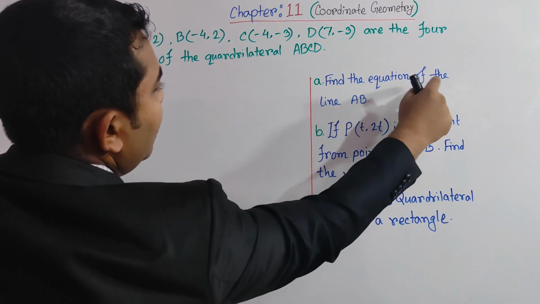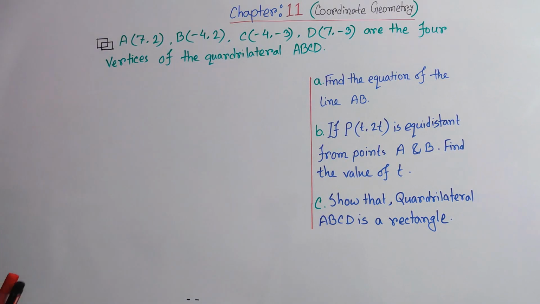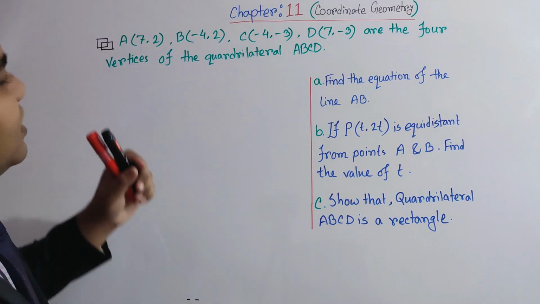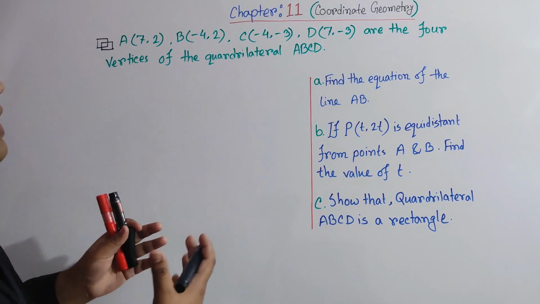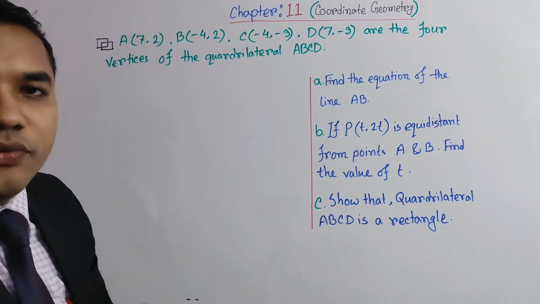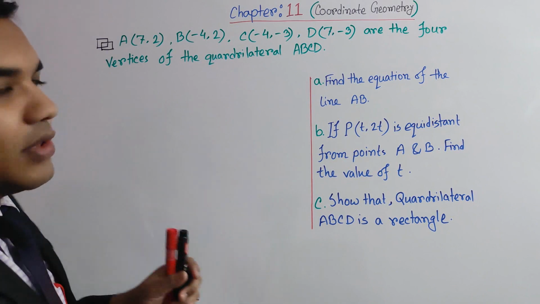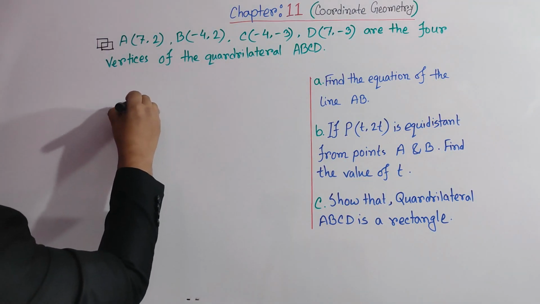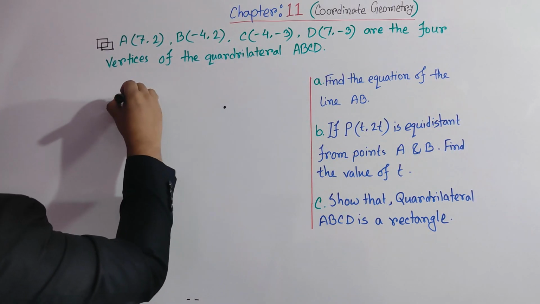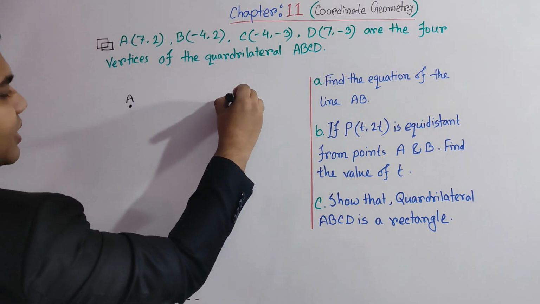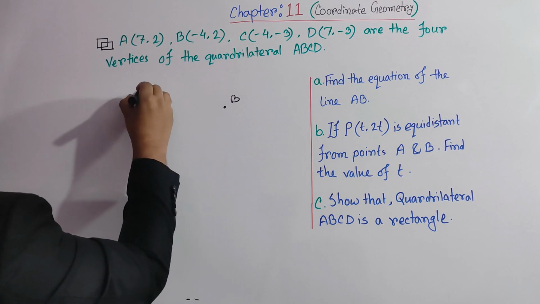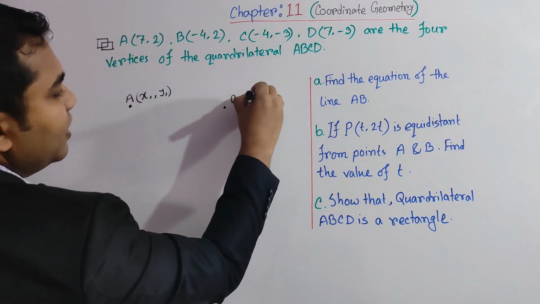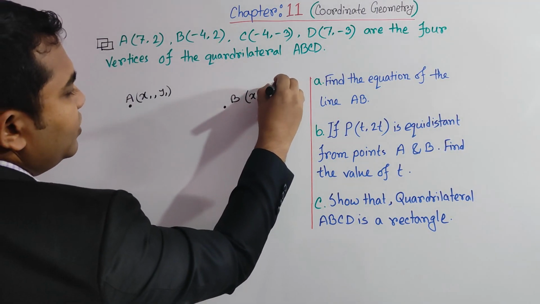Our first question is to find the equation of the line AB. Here two points are given. Do we know how we can find the equation from two points? I wanted to go for the basics first. Let us assume that our two points are A and B, say x1, y1 and x2, y2.